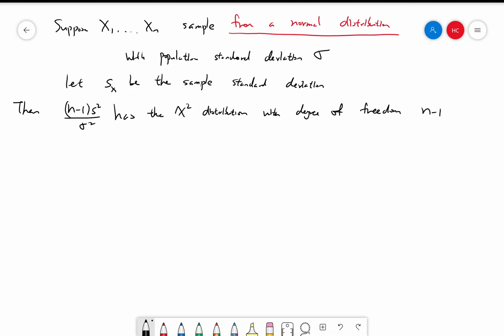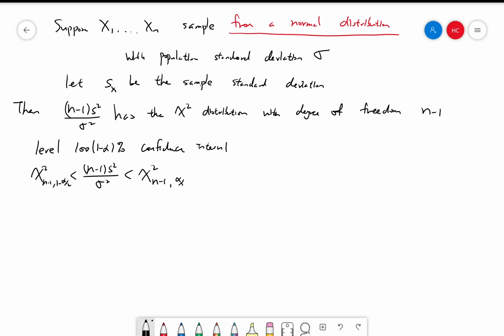So if we want to construct a level 100 times 1 minus alpha confidence interval, this quantity is going to be between chi-square sub n minus 1 comma 1 minus alpha over 2 on the left side, and chi-square with degree of freedom n minus 1 and alpha over 2 on the right side.